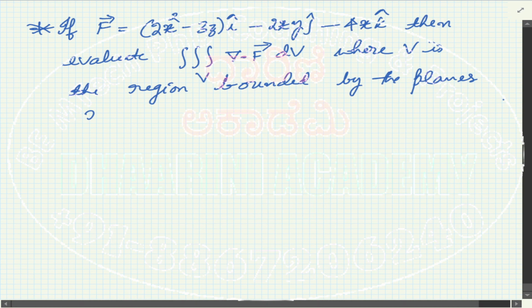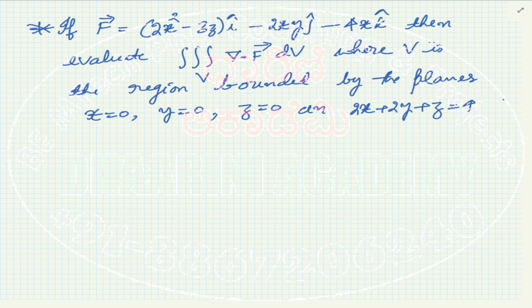First one, x equal to 0, y equal to 0, z equal to 0, and 2x plus 2y plus z equals 4. Alright, so this is the required region which we have to use to solve this problem.